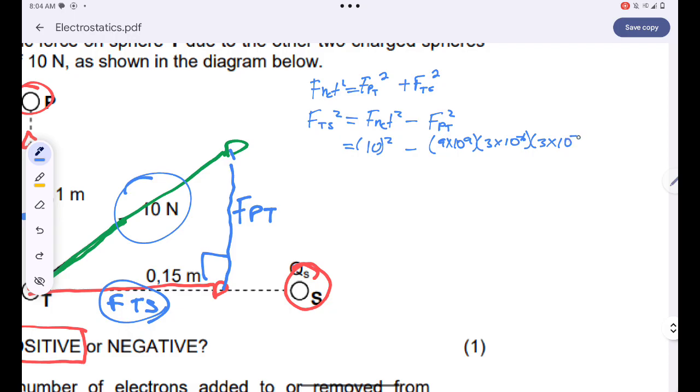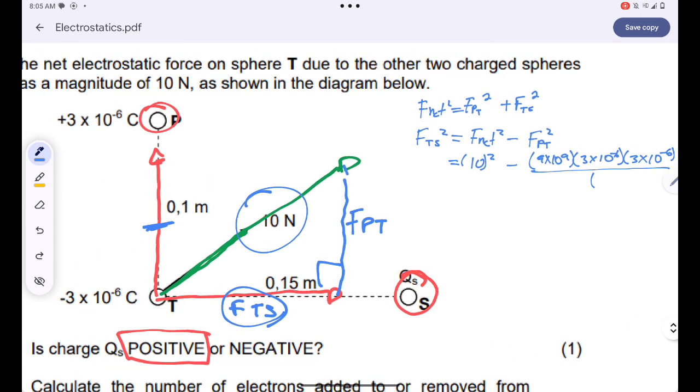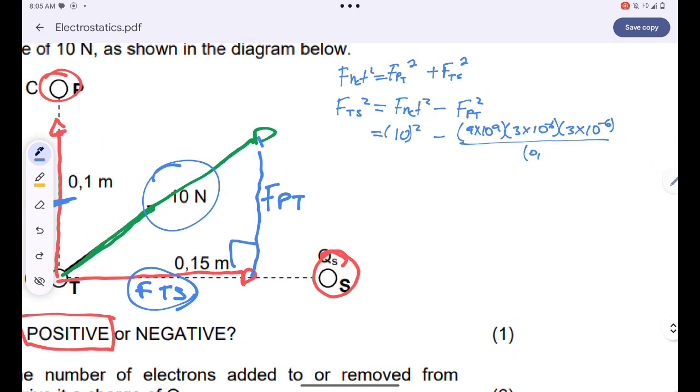But remember, guys, whenever I substitute, I do not substitute the signs of my charges. The distance was just 0.1 squared. Remember that, guys, all of this is squared. So whenever I punch my calculator, let me just punch everything.